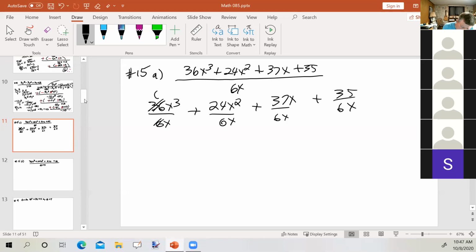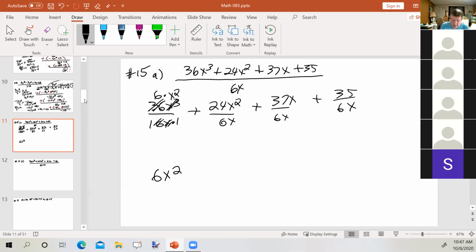36 over 6 reduces to 6 over 1. X cubed over x reduces to x squared over 1. So now I've got 6x squared divided by 1, or just 6x squared.